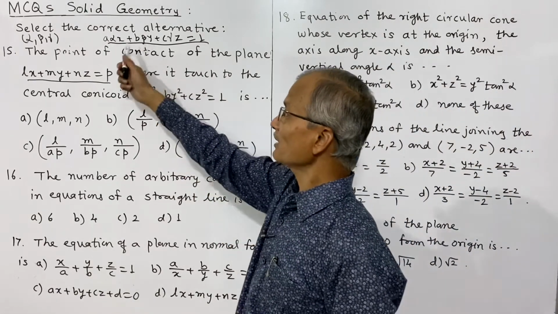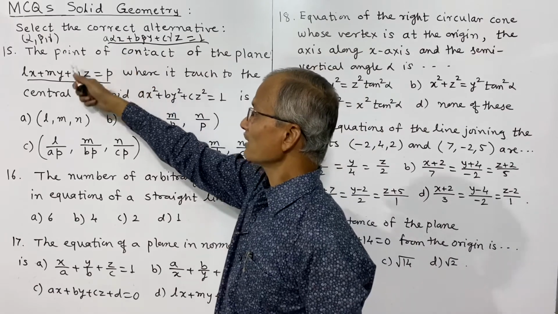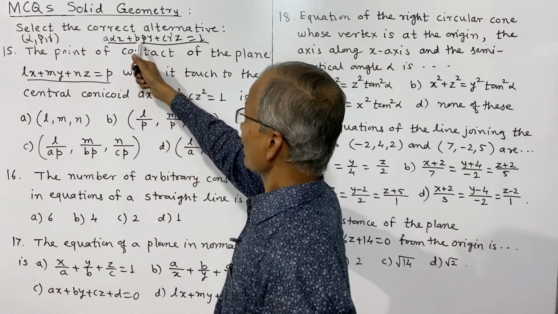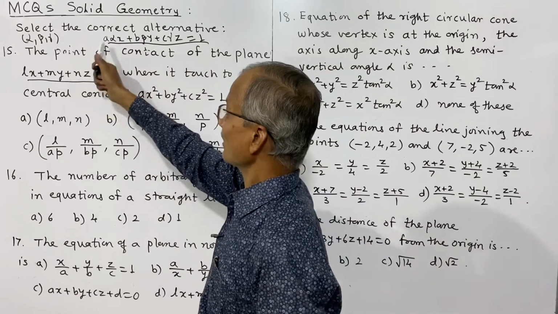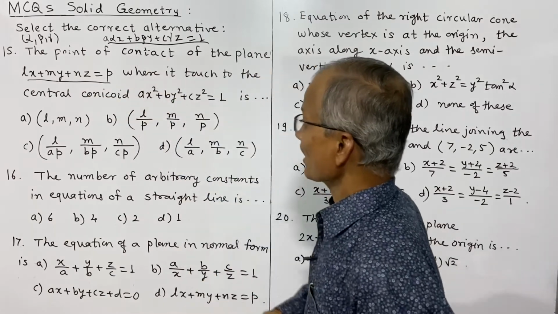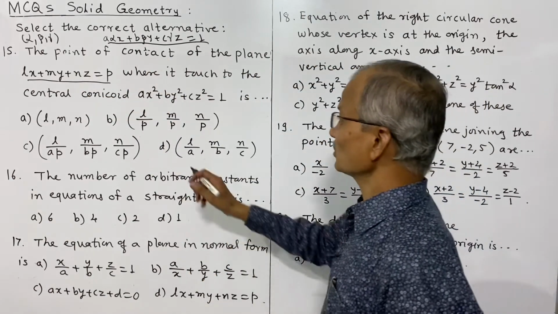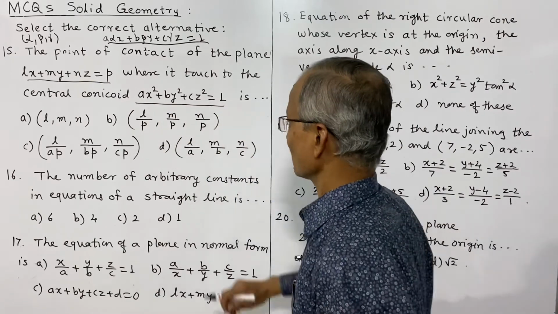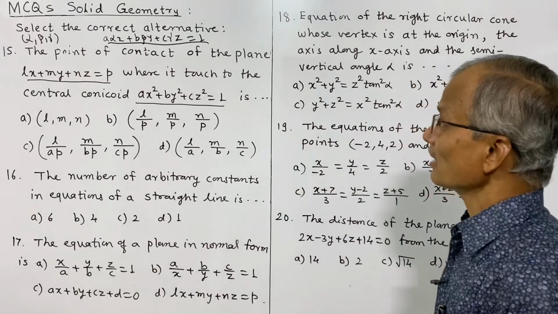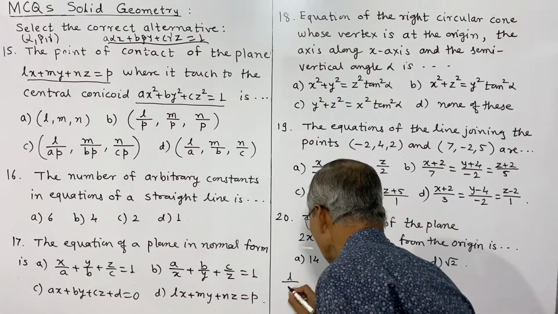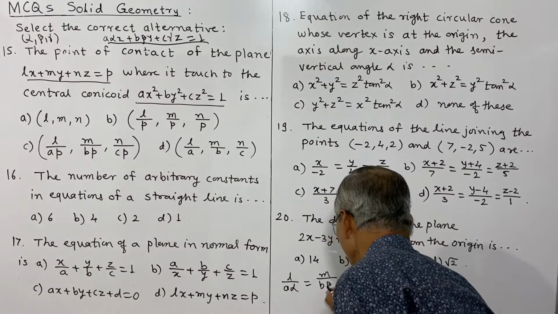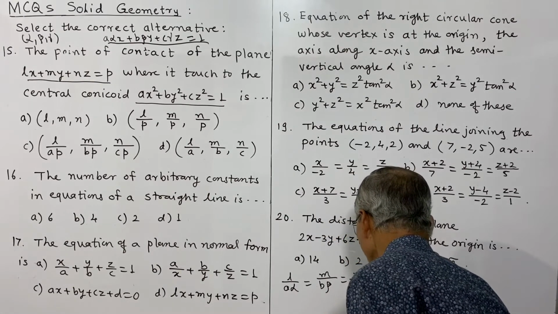Therefore, comparing the coefficients, what we shall get is L upon A alpha is equal to M upon B beta is equal to N upon C gamma, and again putting that condition in this central conicoid equation. So I shall write here L upon A alpha is equal to M upon B beta and is equal to N upon C gamma.